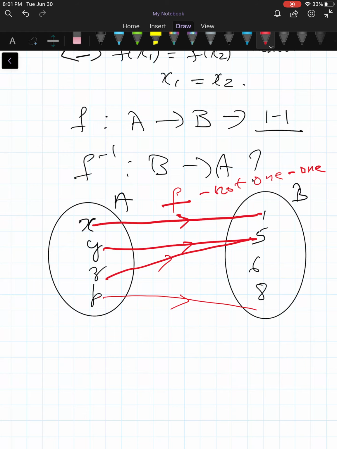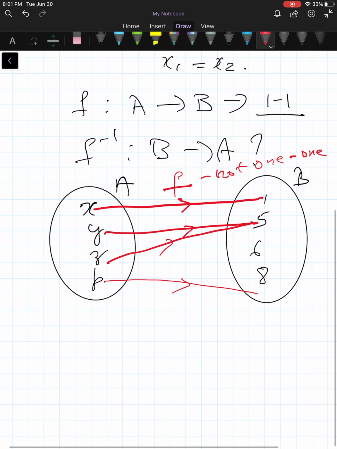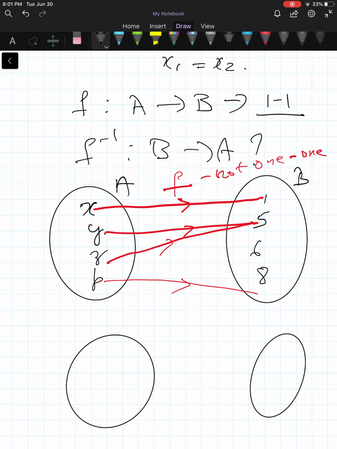So hope you understood the difference between not being a function and not being a one-to-one function. Now we will make f one-to-one. This is A and this is B, with x, y, z and P, and 1, 5, 6 and 8.